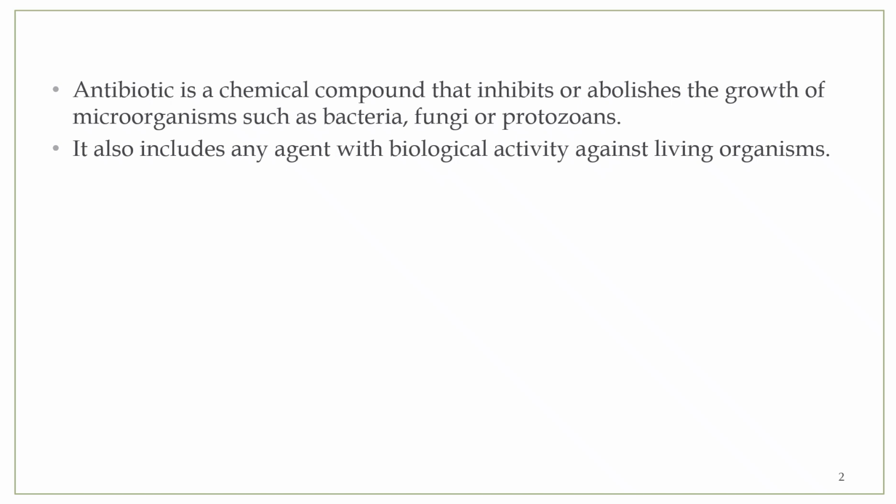So first, we will see the definition of an antibiotic. An antibiotic is a chemical compound that inhibits or abolishes the growth of microorganisms such as bacteria, fungi, or protozoa. Actually, they are chemical compounds derived from or produced by microorganisms such as fungi, actinomycetes, bacteria, yeast, or molds.